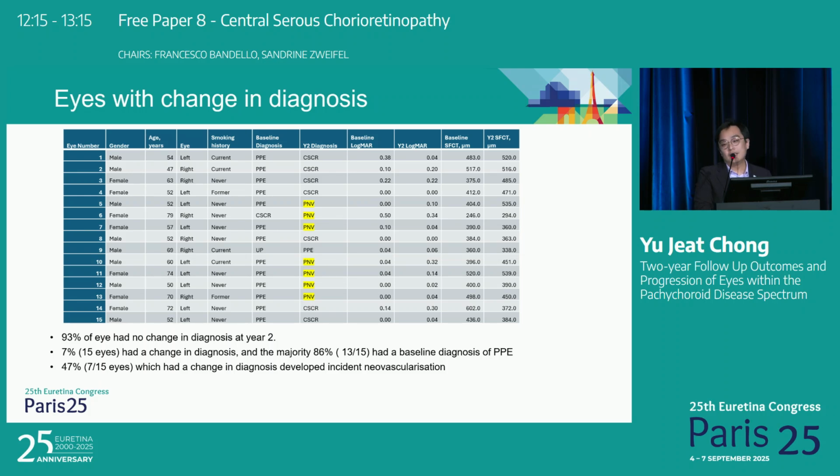Of those eyes, and this is what we're most interested in because these are the patients that we need to treat, 47%, or up to half of these eyes which had a change in diagnosis, developed incident neovascularization, which required treatment.